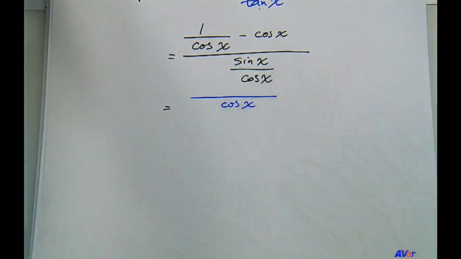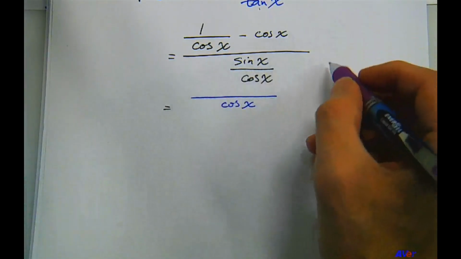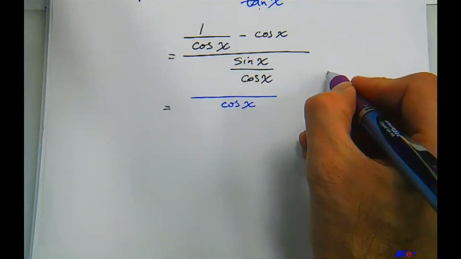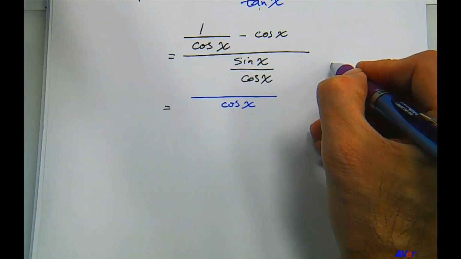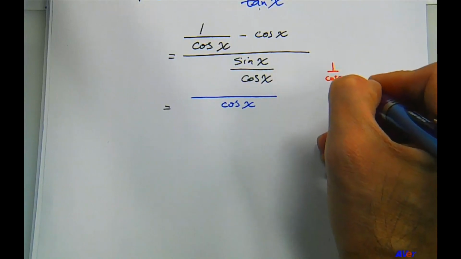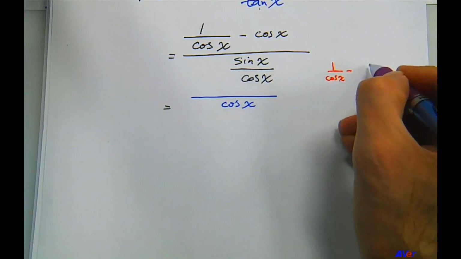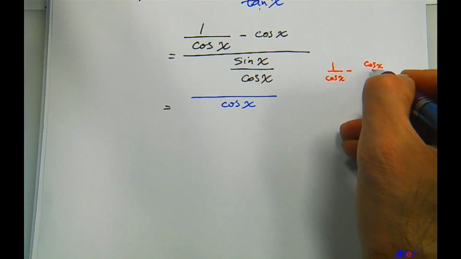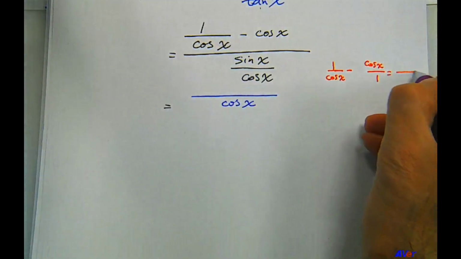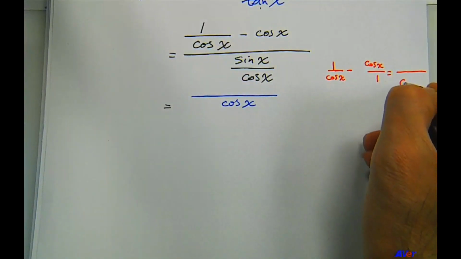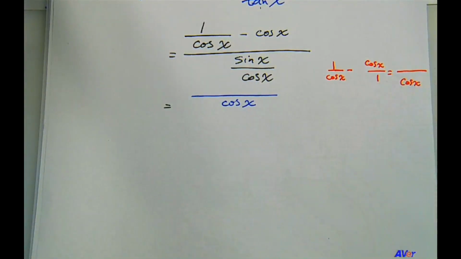I want to make sure that you guys follow this. So we're taking the common denominator, I'll do it in this corner: 1 over cosine of x minus cosine of x over 1, right? The denominator here is 1. So we know the common denominator is cosine of x.